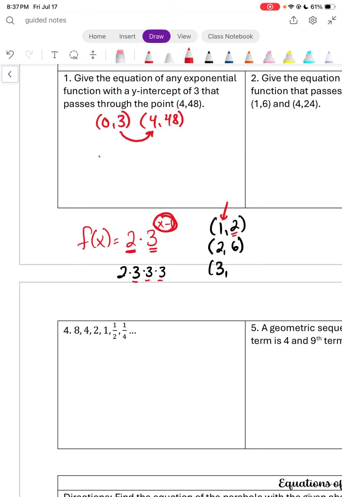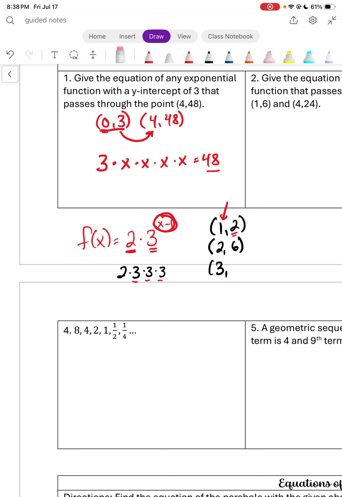I'm going to take my 0 term and multiply it by some number, and that's going to give me the first term. I'm going to multiply by the same number, that gives me the second term. Multiply by the same, that's going to give me the third term and the fourth term. This equation, and you're going to get better at this, and you're going to do it different ways, is going to give me the value of my fourth term, which I know is 48. Again, my 0 term was 3. I'm going to multiply by x 4 times, and that's going to give me my fourth term.